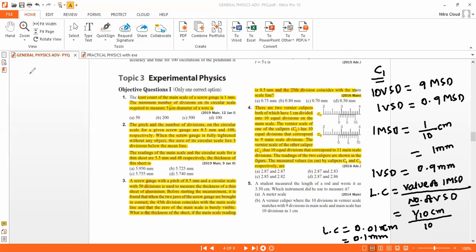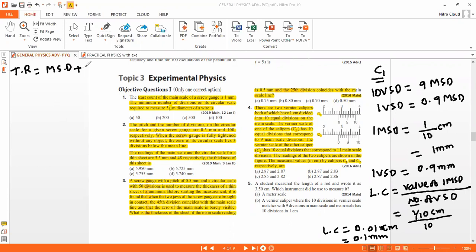Similarly, C2. Okay, fine. Firstly, we'll see the reading of C1. The total reading in C1 is the main scale reading plus the Vernier scale reading into LC.